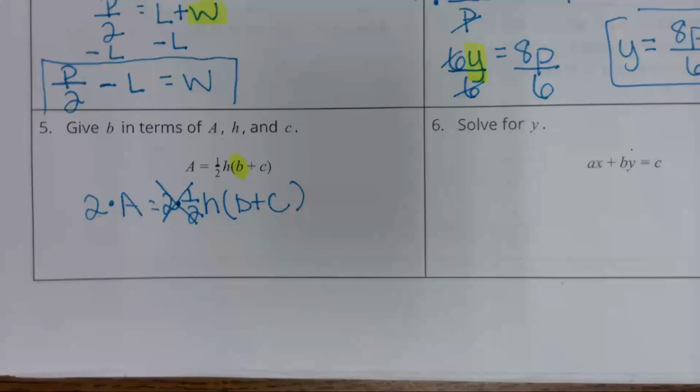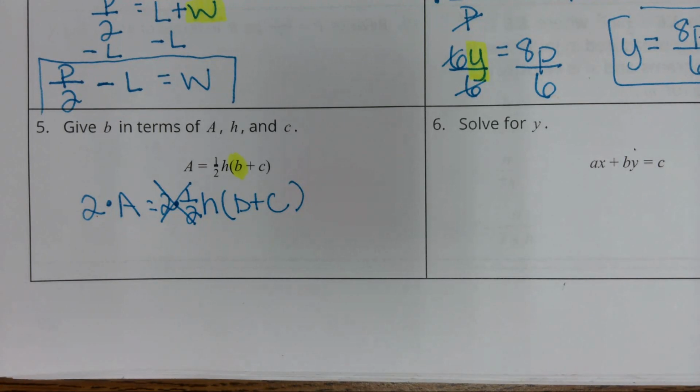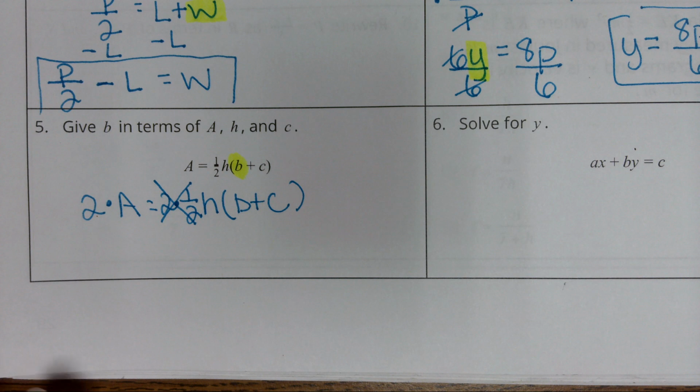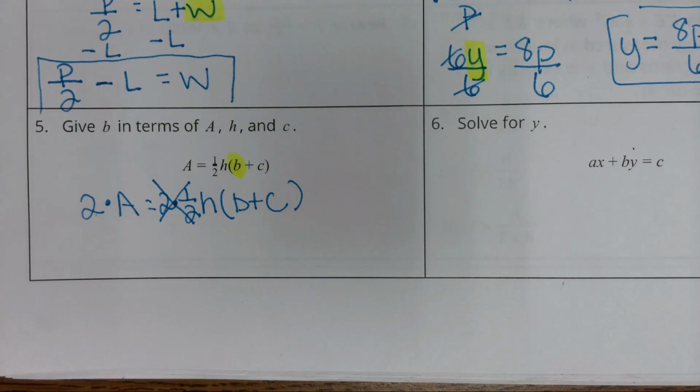2 times 1/2. What's 2 times 1/2? 1. You can put a 1 there if you want. Well, 1 times anything is just that thing, so you don't have to write 1h, but you can write 1h if you want. Can you say that louder? If I reduced what?